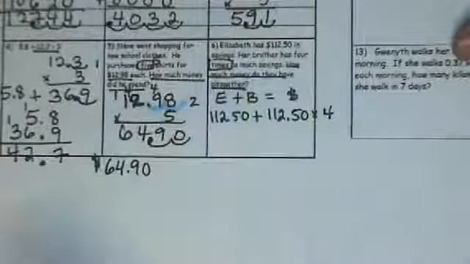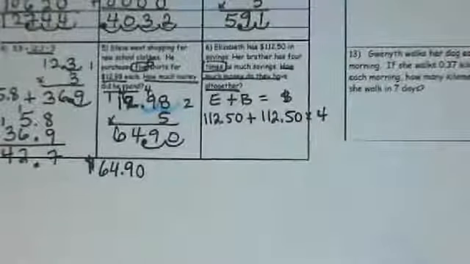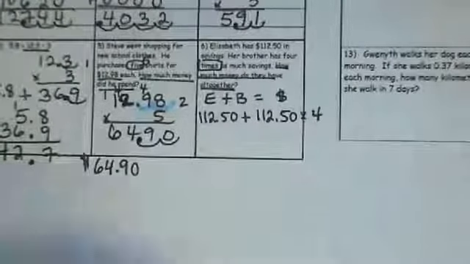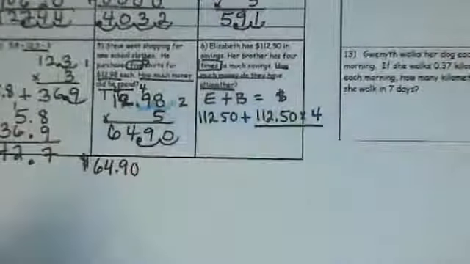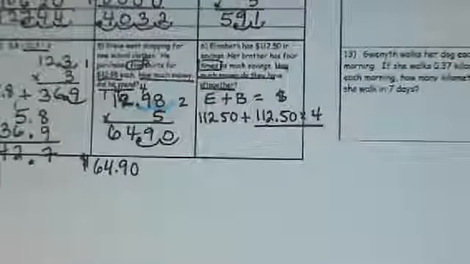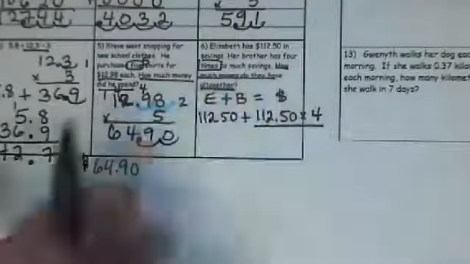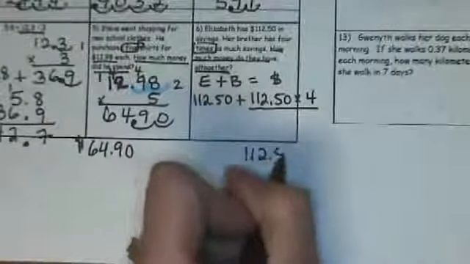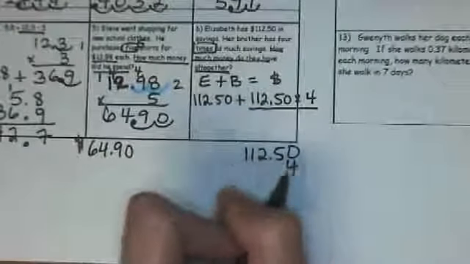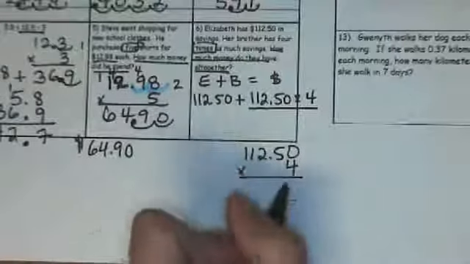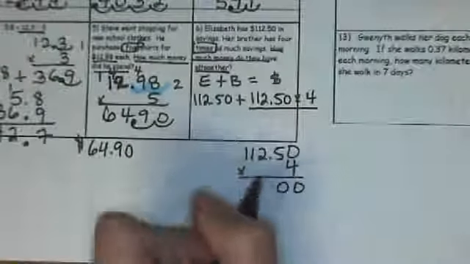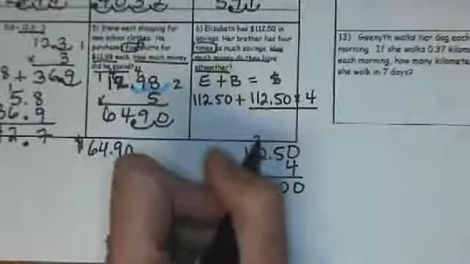Okay? So order of operations says I have to multiply $112.50 times 4 first. So I'm going to do that down here. So $112.50 times 4. Okay, so that's 0, 20. 5 times 4 is 20. Carry the 2. 2 times 4 is 8, plus 2 is 10.